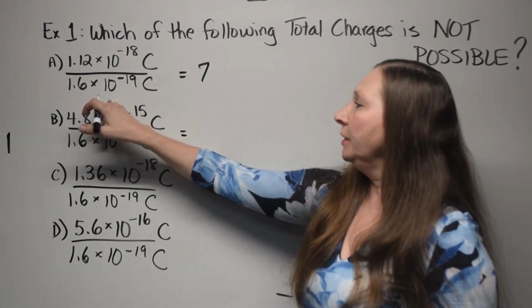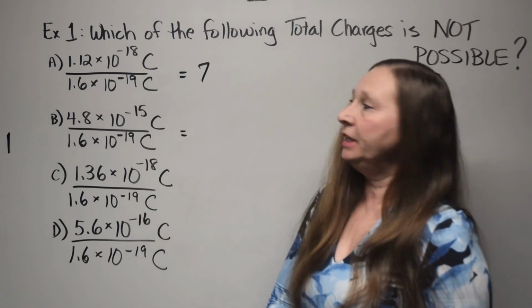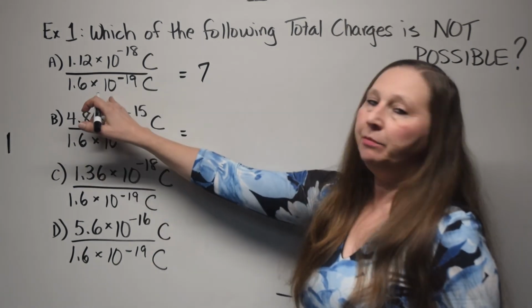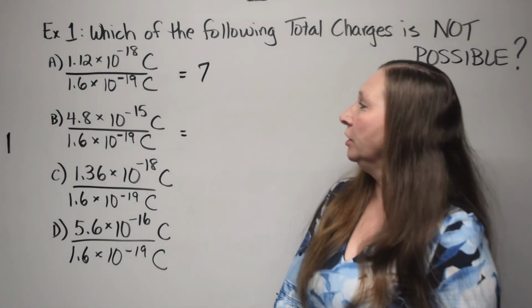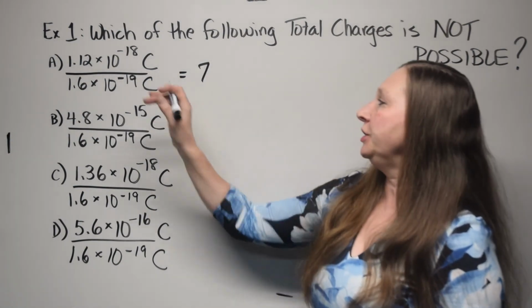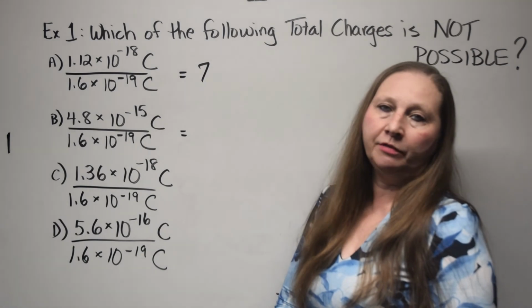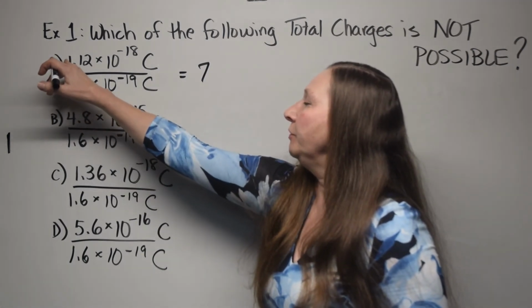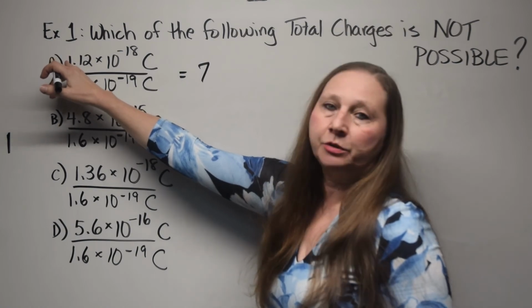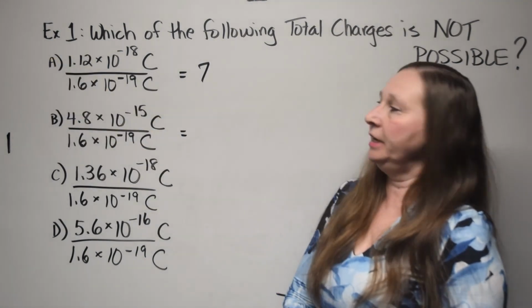All right, here, if you take 1.12 times 10 to the negative 18 and divide by one elementary charge, you get number 7, which is a whole number. So this is possible. This is a possible number of electrons or protons, protons if the original answer is positive, electrons if the original answer is negative.